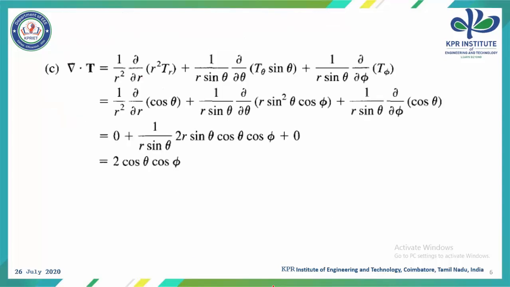Next, in spherical coordinates, here the vector is the t vector. So what is the formula? Del dot t equals 1 by r squared dou by dou r of (r squared tr) plus 1 by r sin theta dou by dou theta of (sin theta t theta) plus 1 by r sin theta dou by dou pi of t pi. Now which is tr, which is t theta, which is t pi?